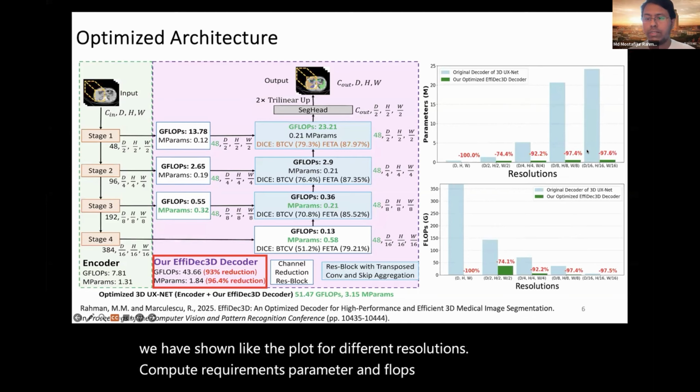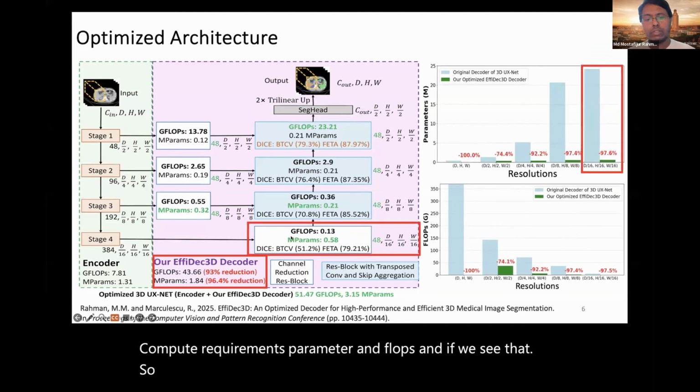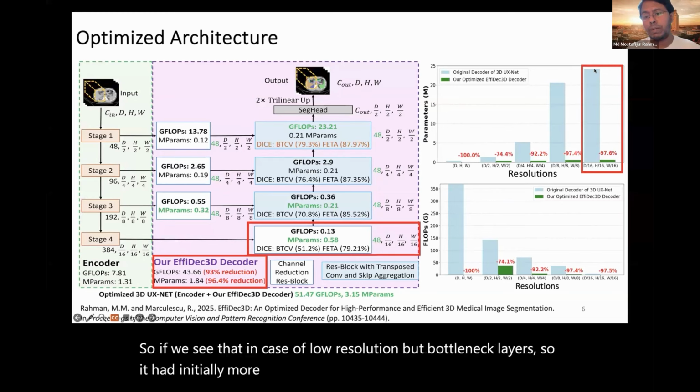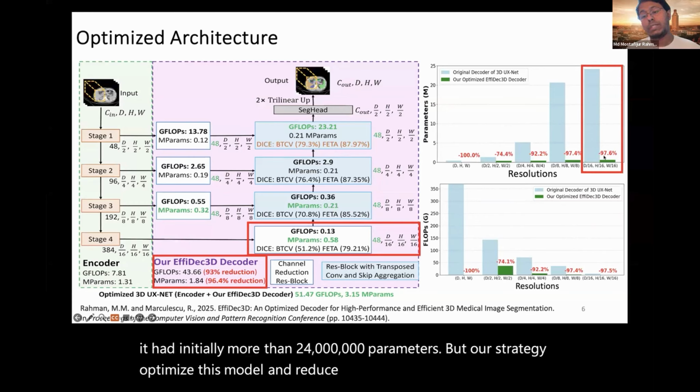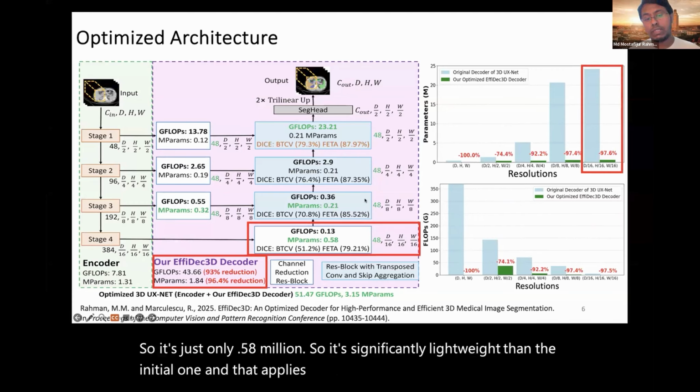In the case of the low resolution bottleneck layer, it initially had more than 24 million parameters, but our strategy optimized this model and reduced the parameters and FLOPs by 97.6%, so it's only 0.58 million, significantly more lightweight than the initial one, and that applies for all the other stages as well.